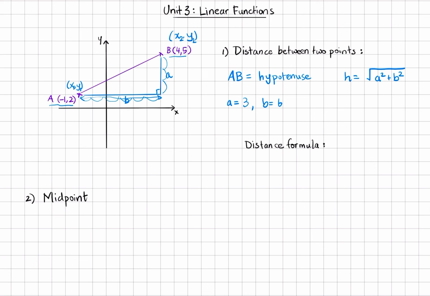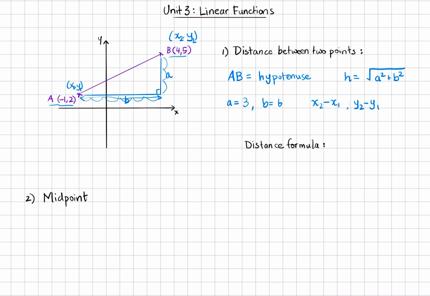Okay, just to avoid confusion, because now we have two sets of coordinates. Now all we need to do is do x2 minus x1 and y2 minus y1. That is going to give us exactly the same numbers that we got just by looking at the graph for A and B.